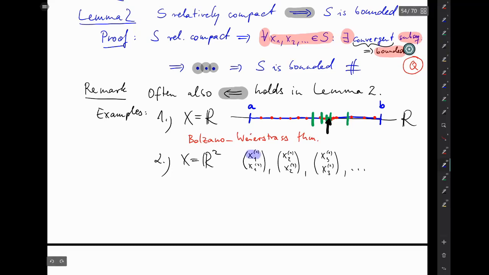You just conclude that its sequence of top components is bounded in R1, and its sequence of bottom components is bounded in R1, and then use our Bolzano-Weierstrass theorem for the R1 case, saying that from this bounded blue sequence you can extract a subsequence that converges to something. Let's call it x sub 1.